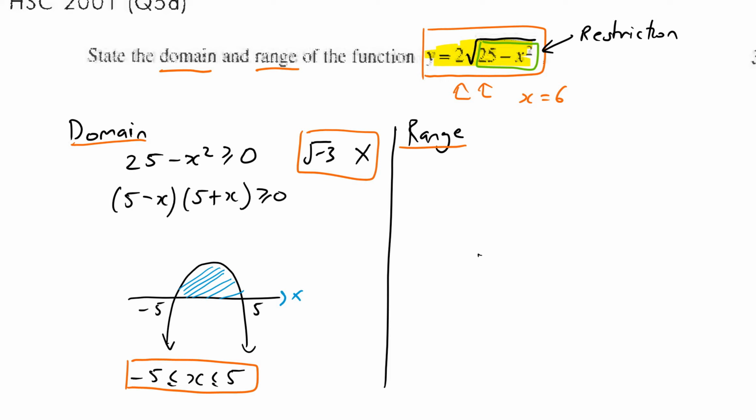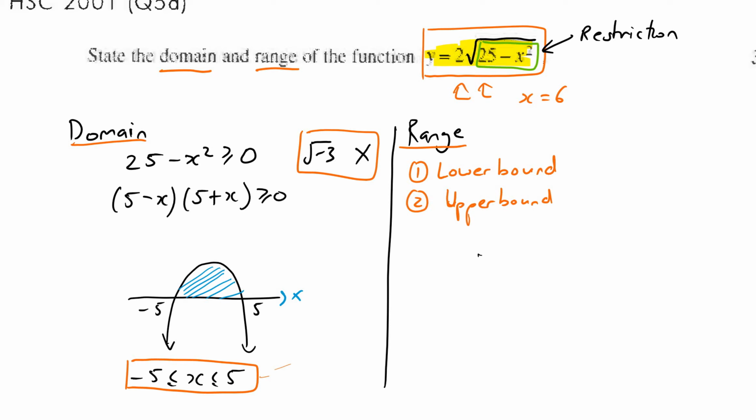In that case, you find the lower bound and the upper bound. What this means is, what is the highest value of y that can be found by putting any x in the domain?